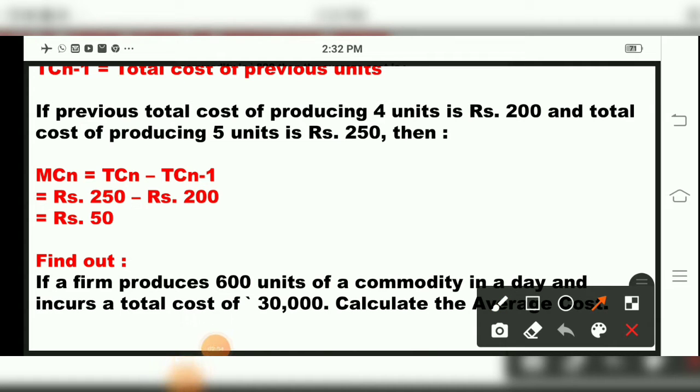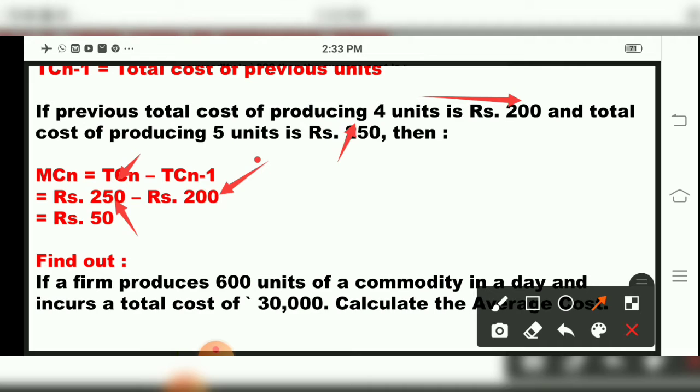So over here, if TCn is total cost of nth unit, what is the total cost of n units? They have told 250, children. And TCn minus 1, what is it? See, the cost of previous units, what they have told for 4 units, it was rupees 200.